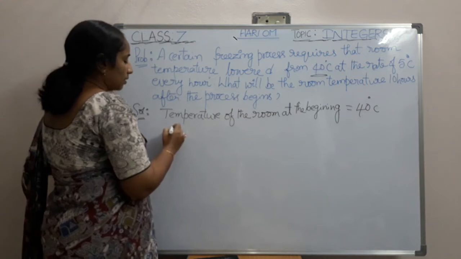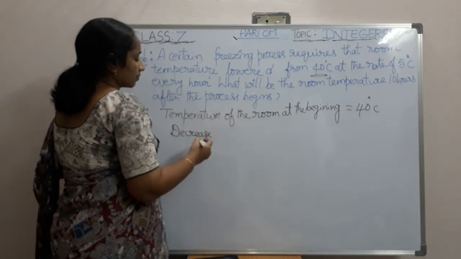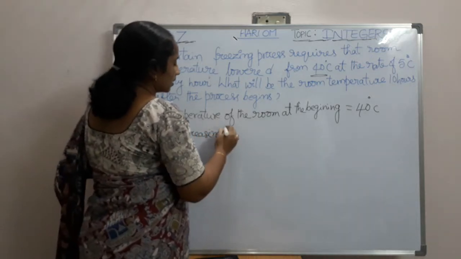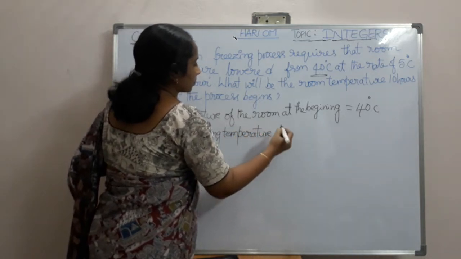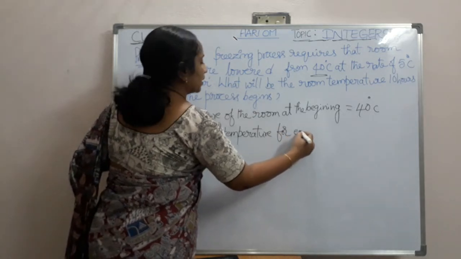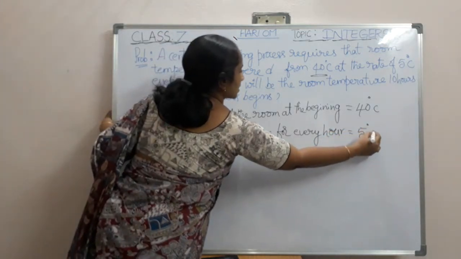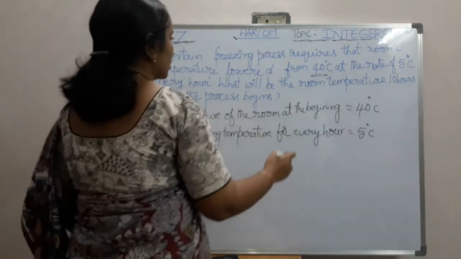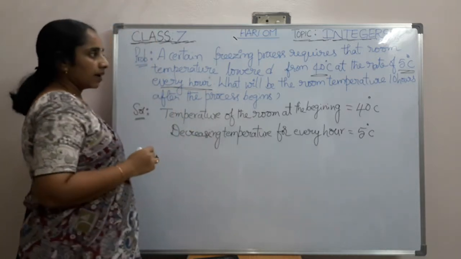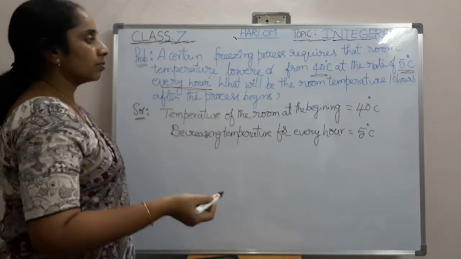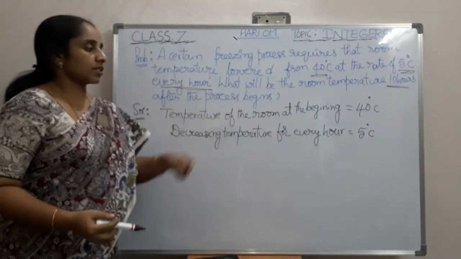So, the decrease of temperature for every hour is 5 degrees C. And what will be the room temperature 10 hours after the process begins?